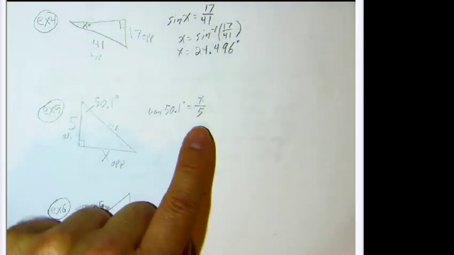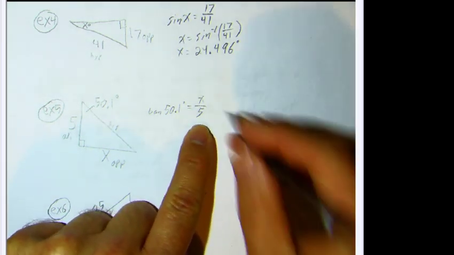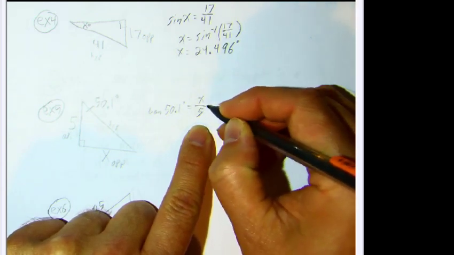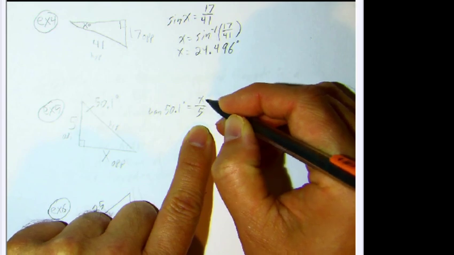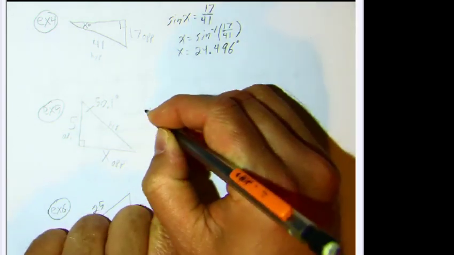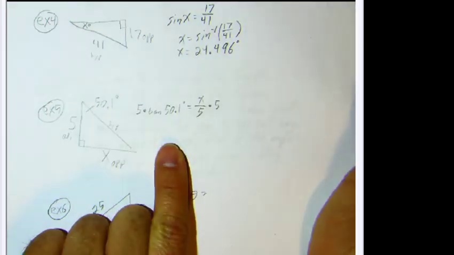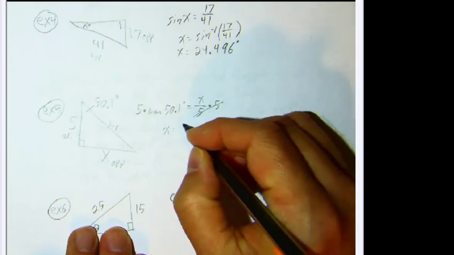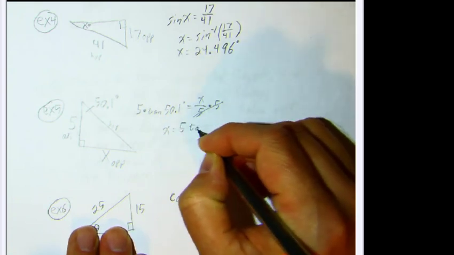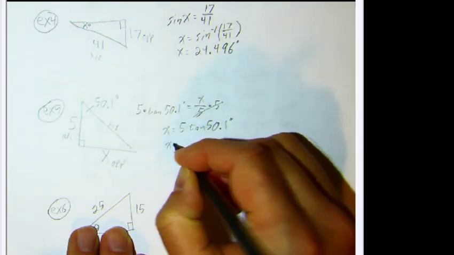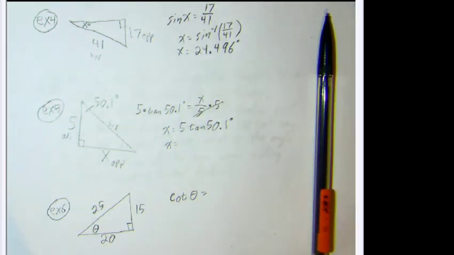Now here I want to know what x is, not what x over 5 is. So to get rid of this divided by 5, because that fraction bar means divided by, right? So to get rid of divided by 5, I'm going to do times 5 on both sides. This cancels out, and I end up with x equals 5 tangent of 50.1 degrees. And that, once again, is a calculator question.